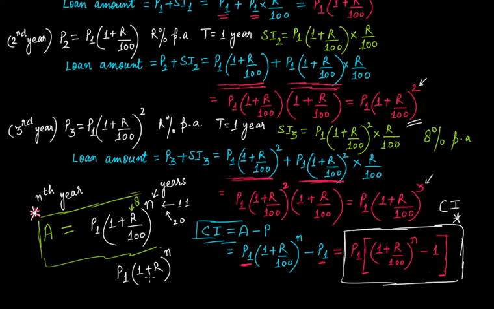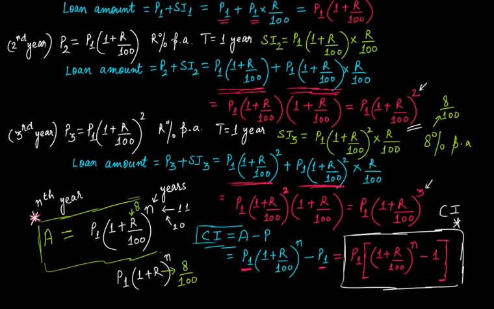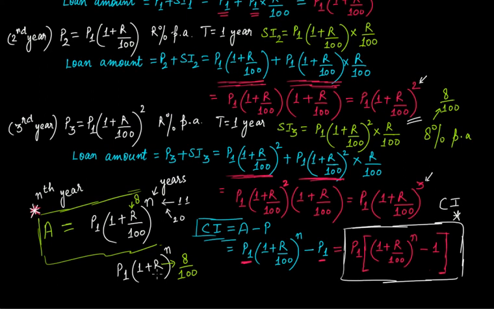If you are using the other formula, then you'll have to write 8 by 100. This 8% means 8 by 100 only. When we derived this formula, we used 8 by 100 from the starting. But if you use only R and not R by 100, you will reach this formula. Both are the same thing. If you are using this formula, put 8 here. If you are using the other, put 8 by 100 here and you get the same answer.